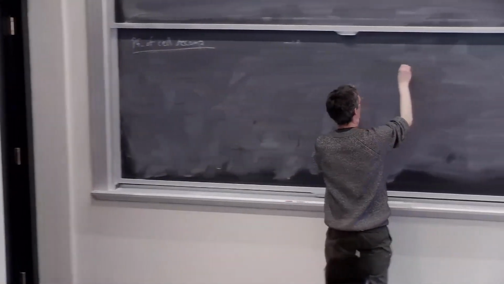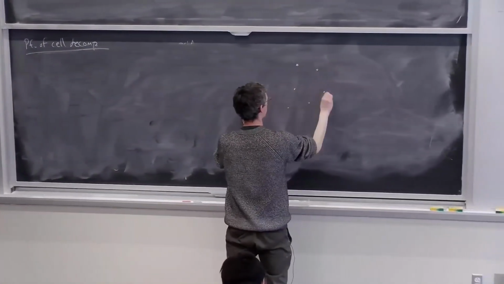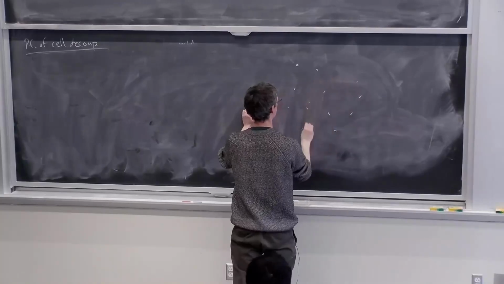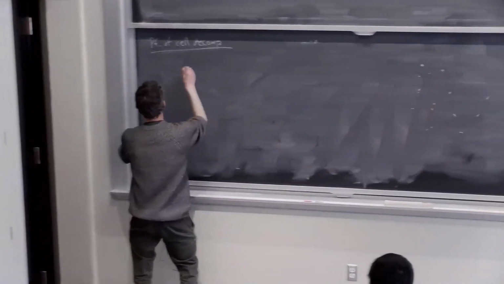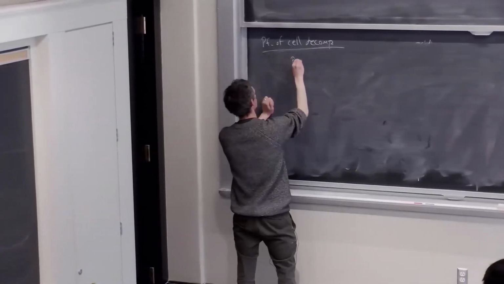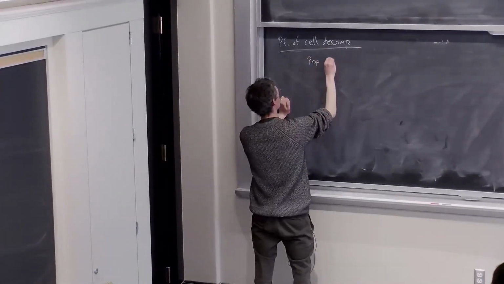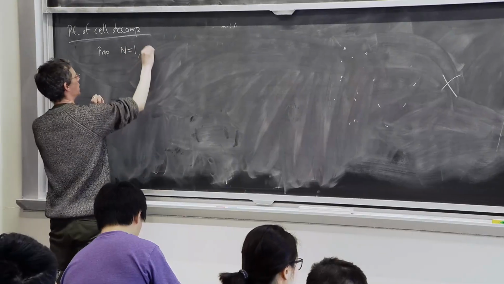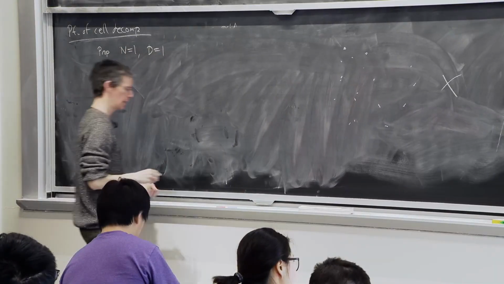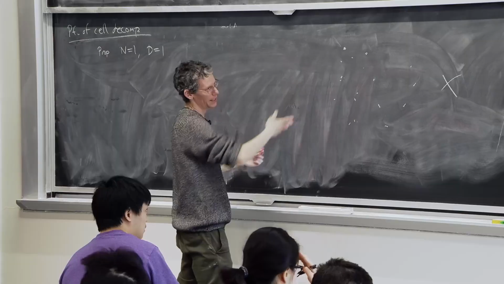OK, so we have some set of points x. And first we use our proposition with n equals 1. And so d equals 1.